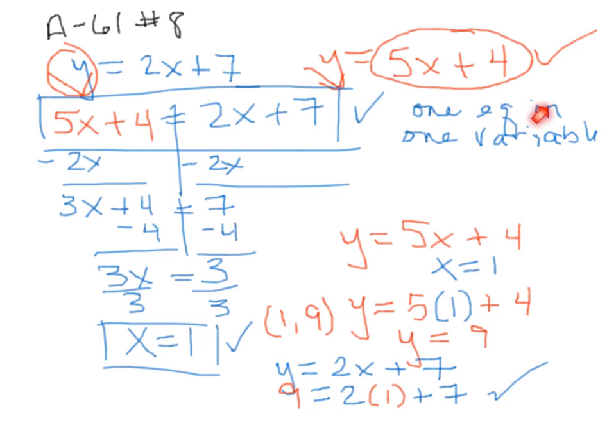And at the end of step 2, I have exactly what I want: one equation in one variable. I solve that, go through a series of algebraic steps, and I get x is equal to 1. That x is equal to 1 gets plugged into the other equation now. I solve for this other variable, and then I check my answer. And that's it, guys. That takes care of the first one.